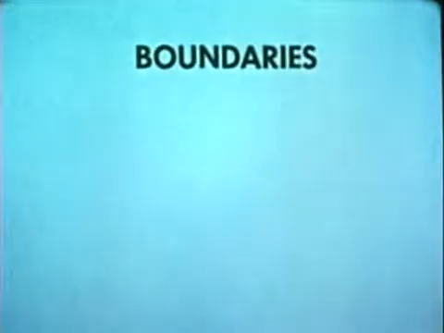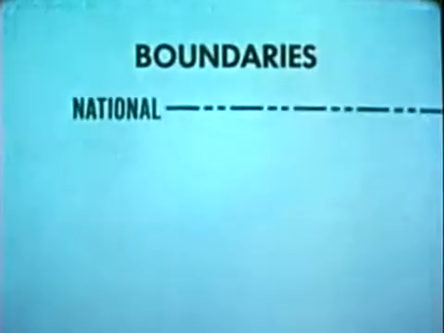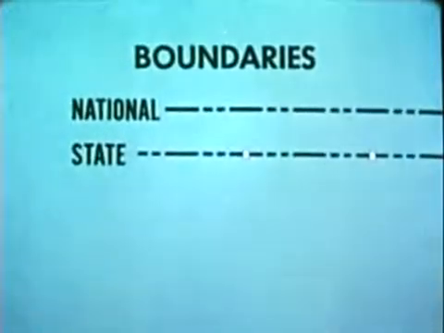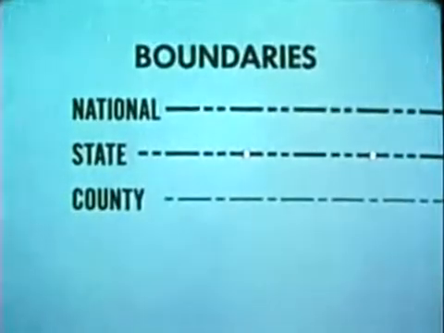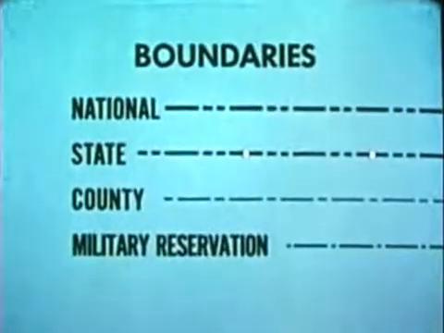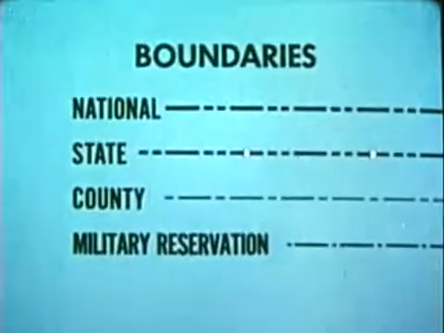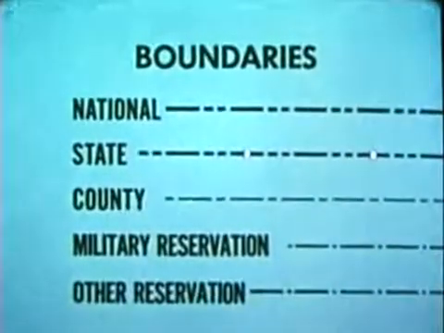The symbols representing boundary lines are varied to distinguish the areas which they enclose. A national boundary is depicted in this way. This is a state border, and this a county line. Military reservations are outlined by this symbol, and other reservations like this.